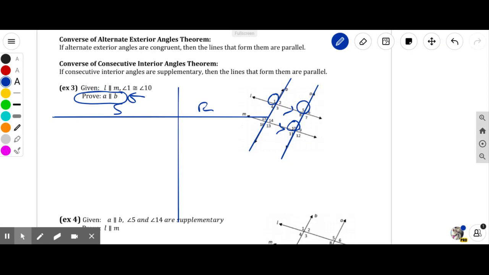I see that 1 and 5 are corresponding, and 10 and 5 are corresponding. The only ones I could say are congruent right now are 10 and 5, because they're made with these parallel lines. See how L and M are parallel on this transversal? So I can use the relationships going this way. I just can't use them the other way. And so what we're going to do, I never restated the given.